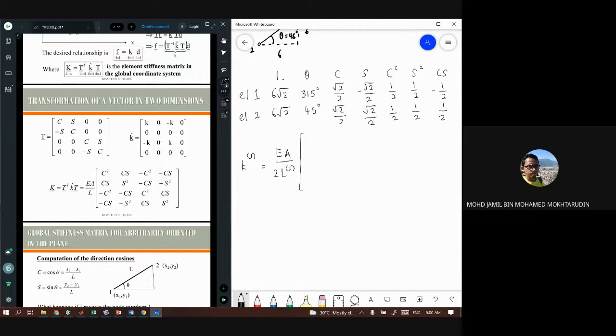Okay, so in your stiffness matrix, always start with U1x, the smaller u, followed by the higher u, okay, higher displacement. Then you just plug in the numbers from the table.